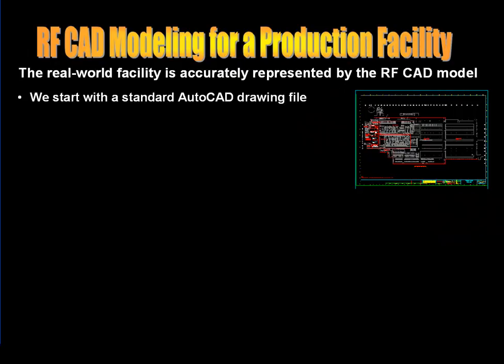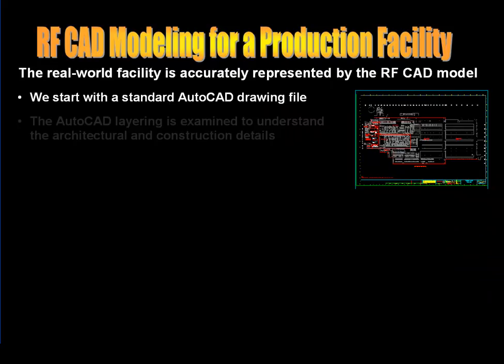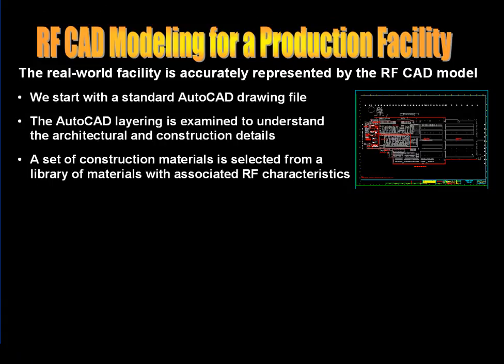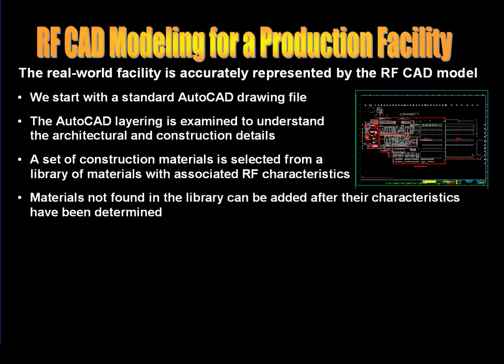First, the AutoCAD drawing is examined to study the architectural layers and structure of the facility. Then, from a library of construction materials, materials are selected that represent the RF characteristics of the building. If there are materials that we don't have in the library, then an on-site engagement can measure the RF characteristics and they can be added to the library.